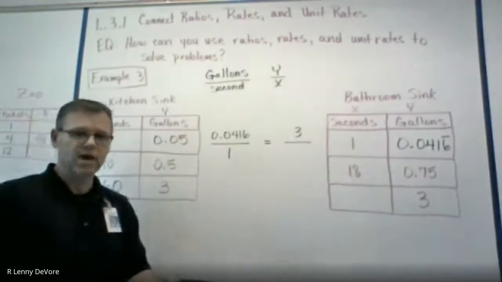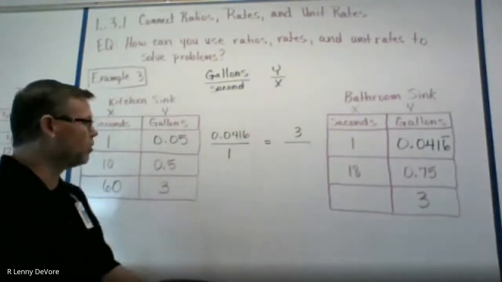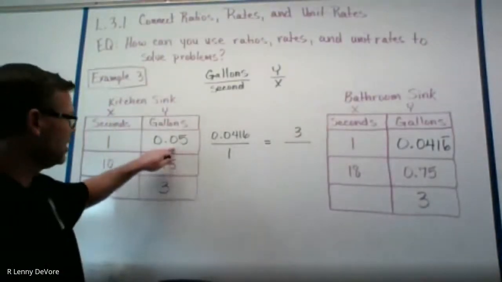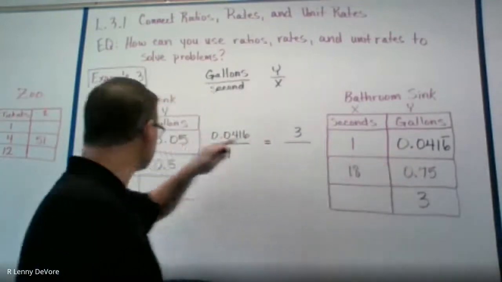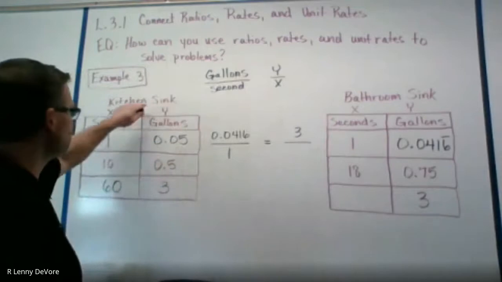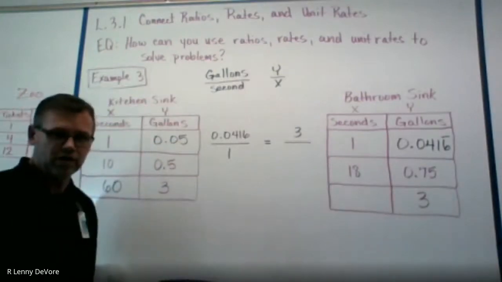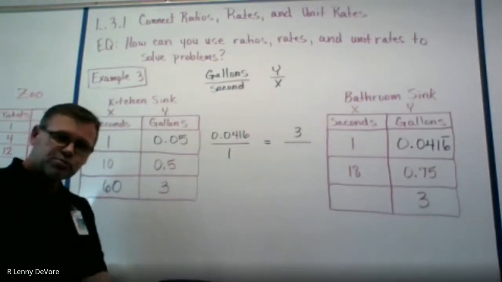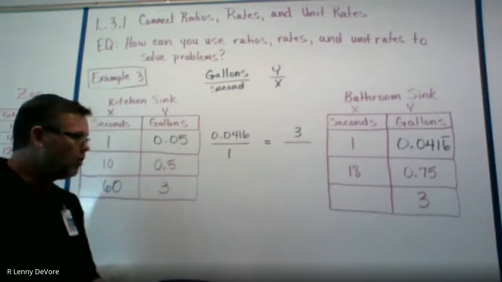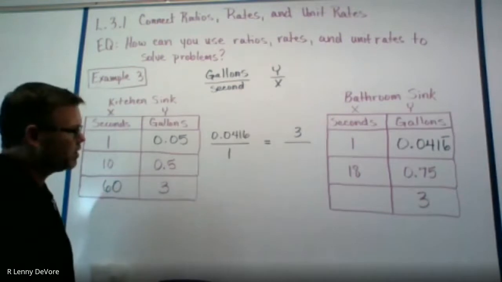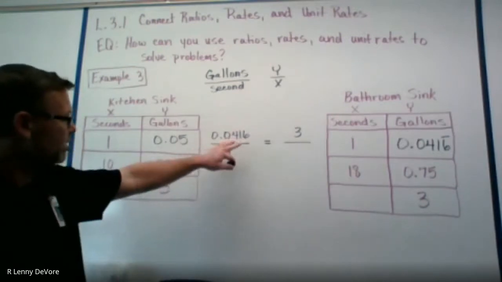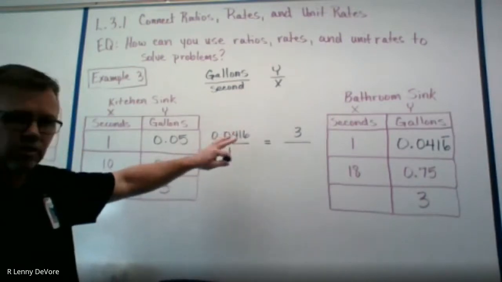I'm going to figure this out, but you should know already this is faster than this. If this is faster than this, then the kitchen sink is going to fill it up quicker. You see what I mean? Just by doing the unit rate, we're able to know that the kitchen sink is going to do 3 gallons quicker.